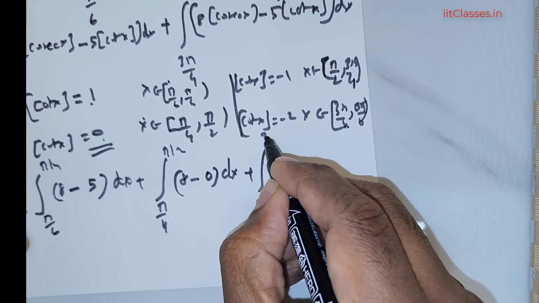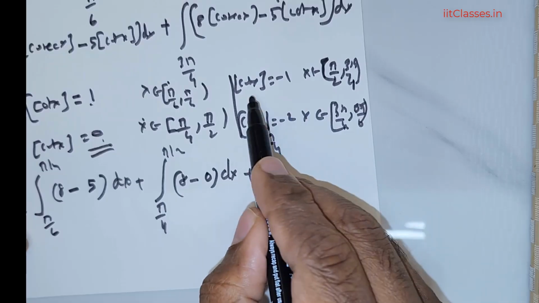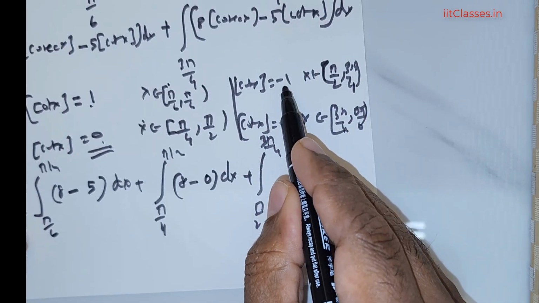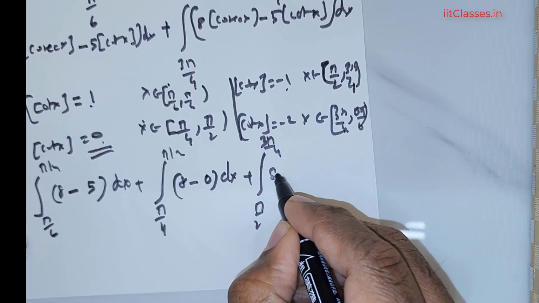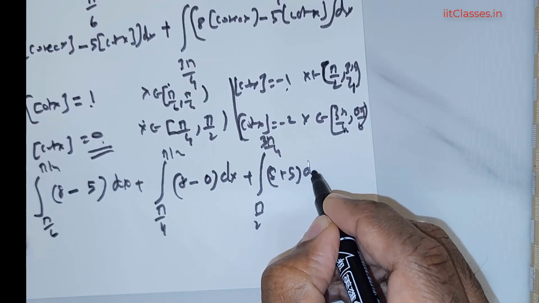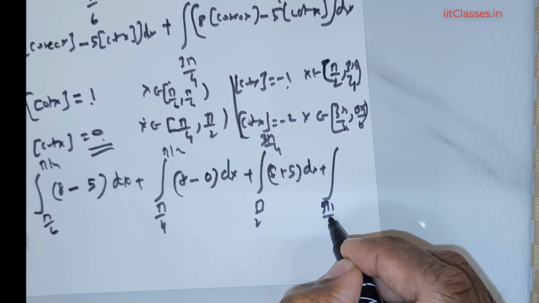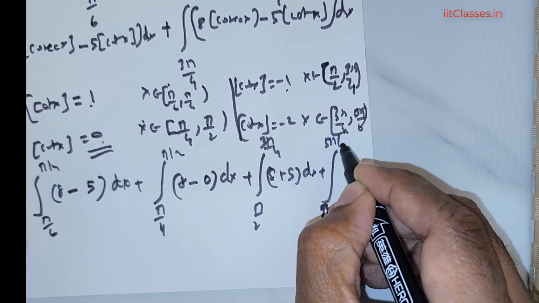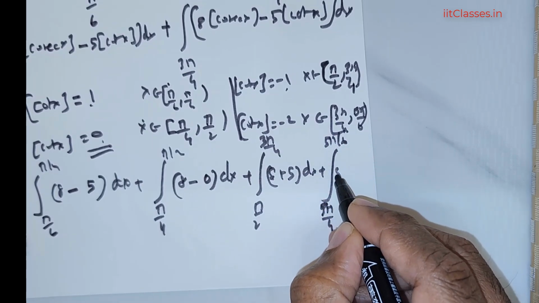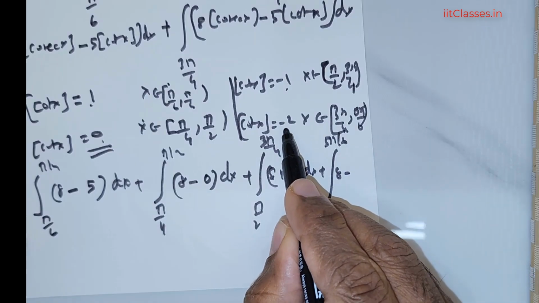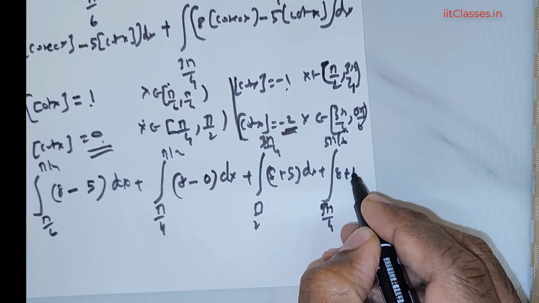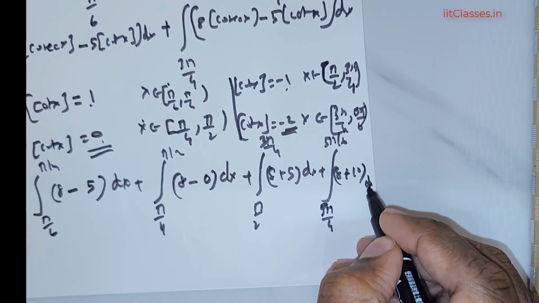For pi over 2 to 3 pi over 4, this value is producing -1, so it's going to be 8 plus 5, which is 13 times the dx, plus the integral 3 pi over 4 to 5 pi over 6, this is 8 plus 10, that's 18 times dx.